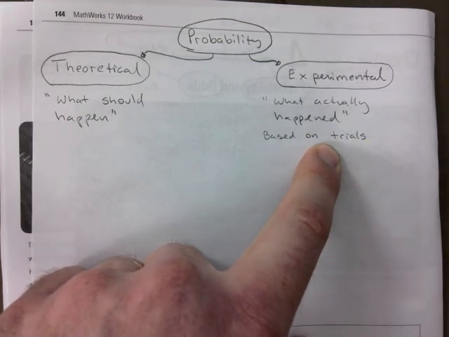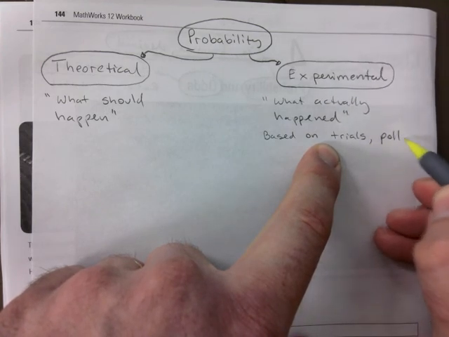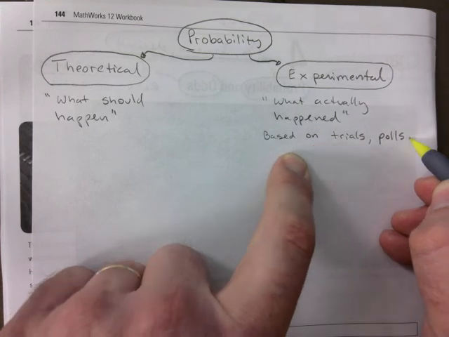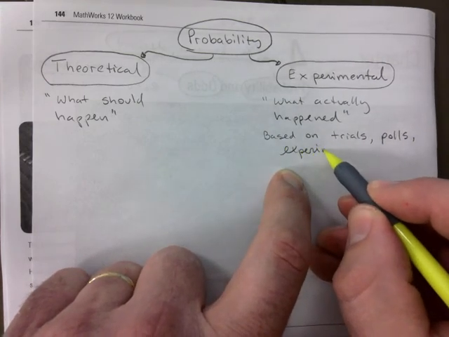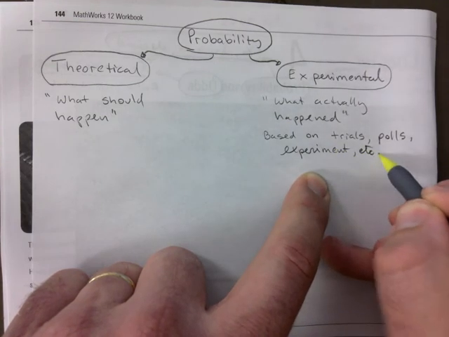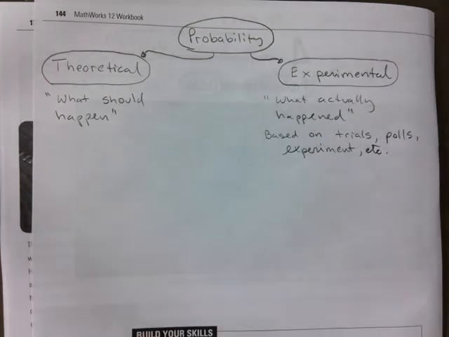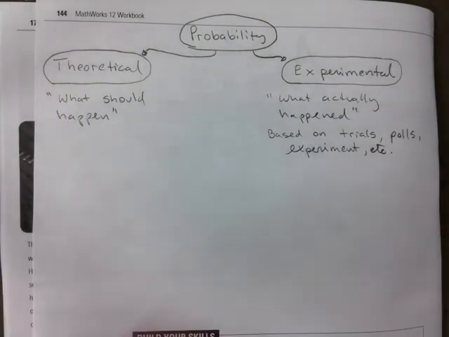So let's say you're in a lab performing trials, or you could poll people, right? Or you can do an experiment, etc. So always focus on what actually happened when it's the experimental. Theoretical is what should happen, right?